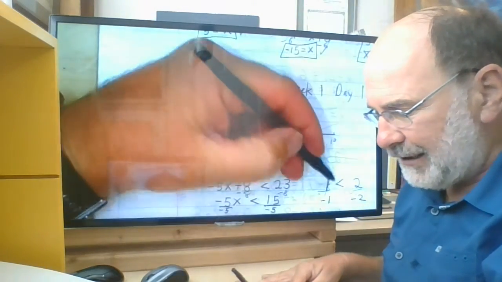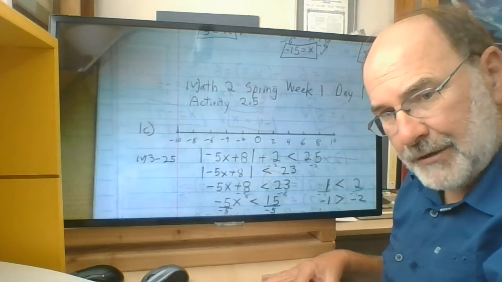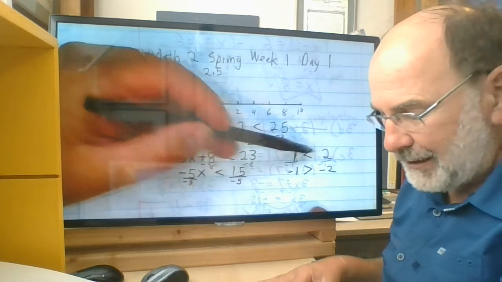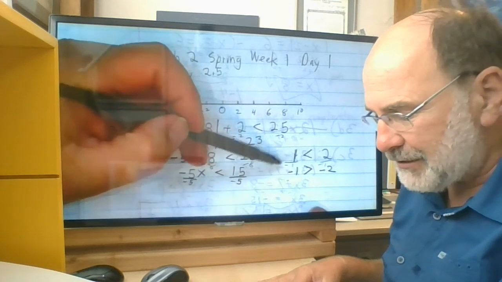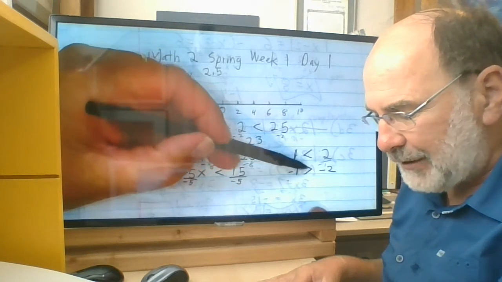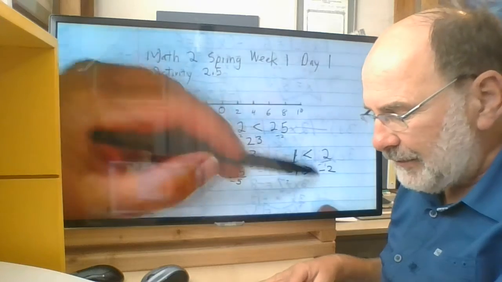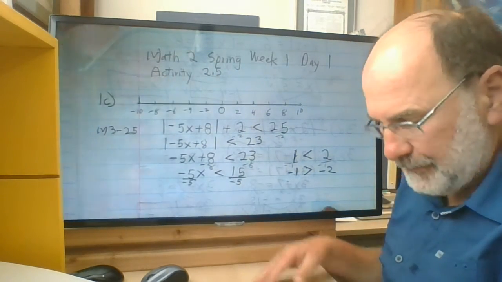And so the inequality flips direction. 1 is less than 2, but when I divide by a negative number, the inequality flips direction. -1 is greater than -2, or equivalently, -2 is less than -1.